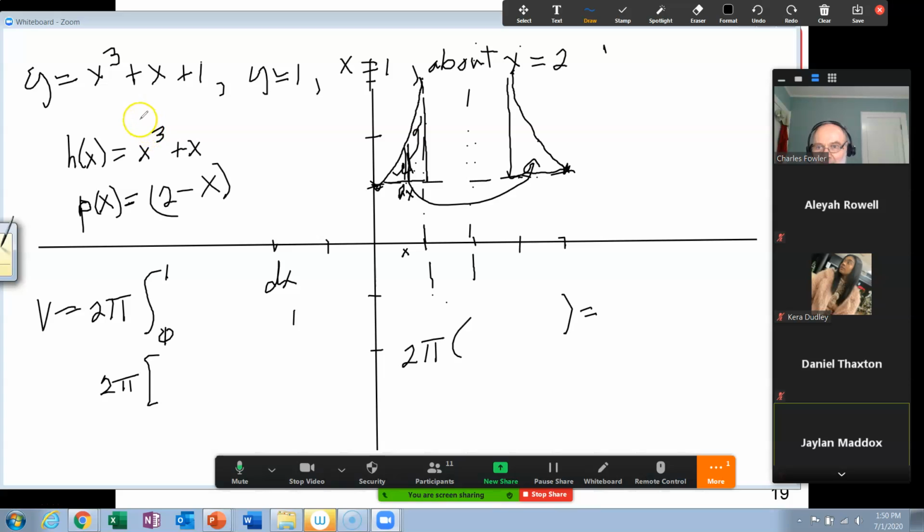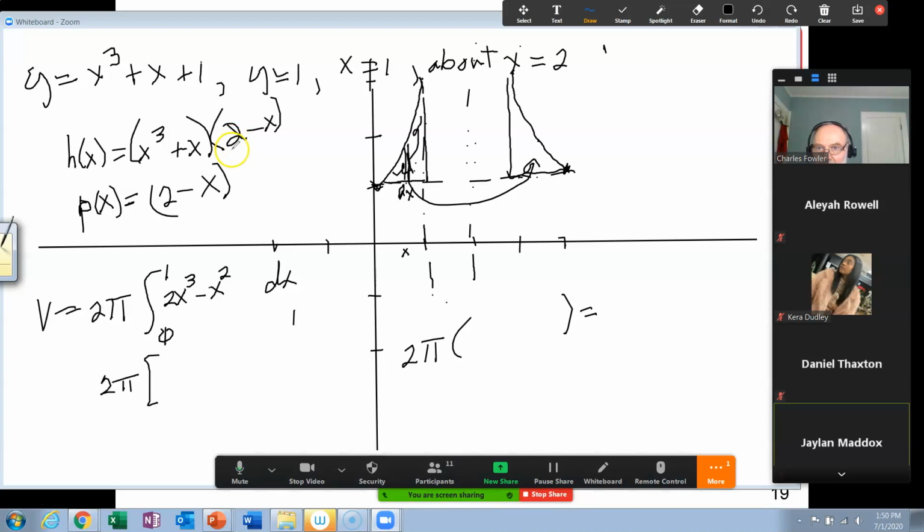So I'm going to come up here and do this because I don't have room below. Okay, and that's what I'm going to write down here. All right. Going to start with a 2x cubed, if my pen would write, minus x squared. I did this one times this one, this one times this one.